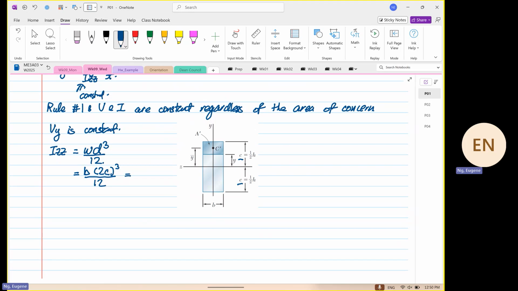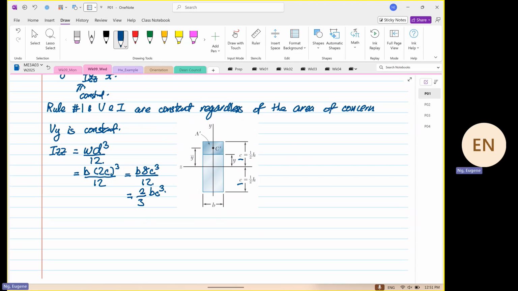When we write it out, it's 8BC cubed over 12. And then finally, this will be equal to 2 over 3 BC cubed.